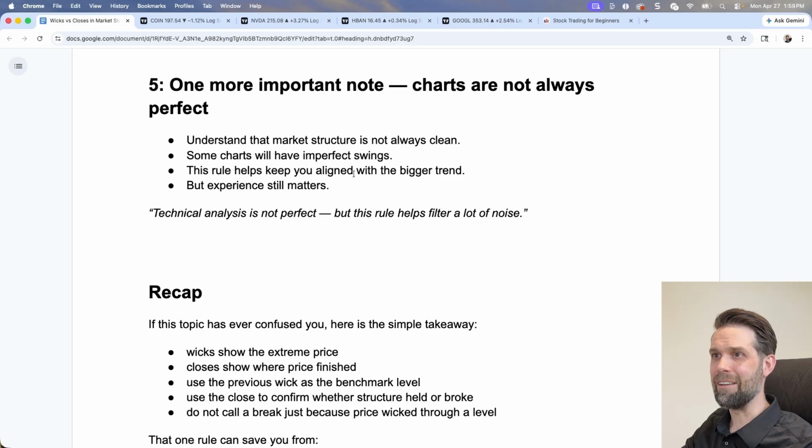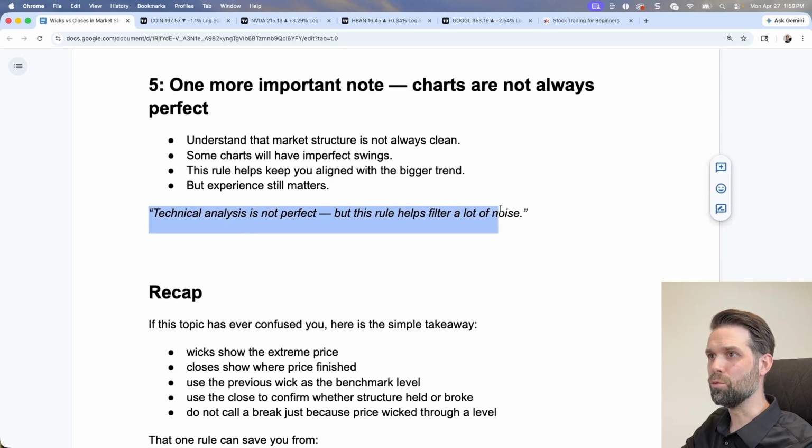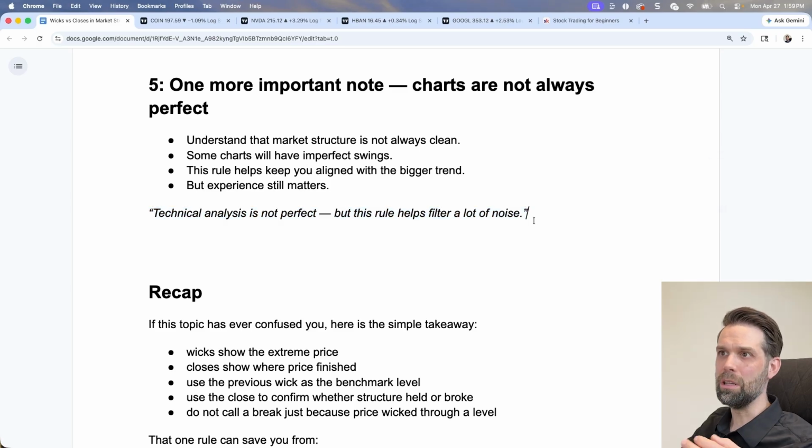The charts have imperfect swings. Technical analysis is not always perfect, but this rule really helps us filter out a lot of noise. And we really want to combine market structure with some other technical tools in order to find confluence that support is going to hold or resistance is going to continue to get sold off.